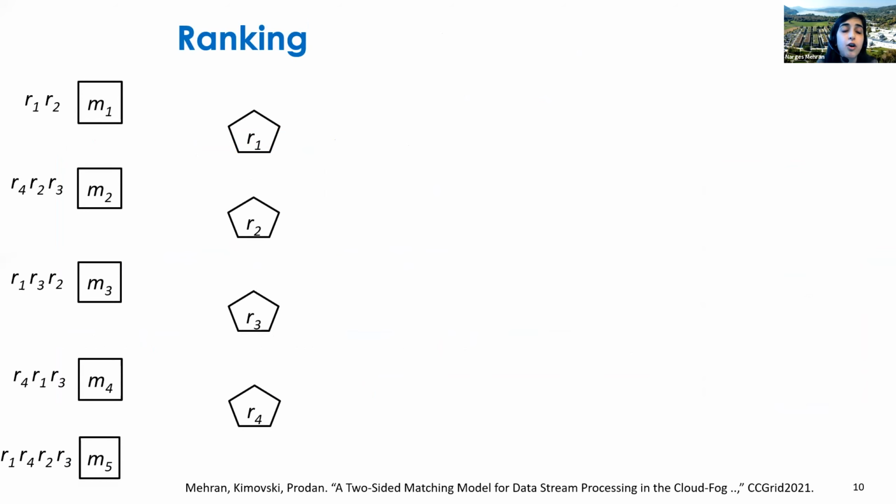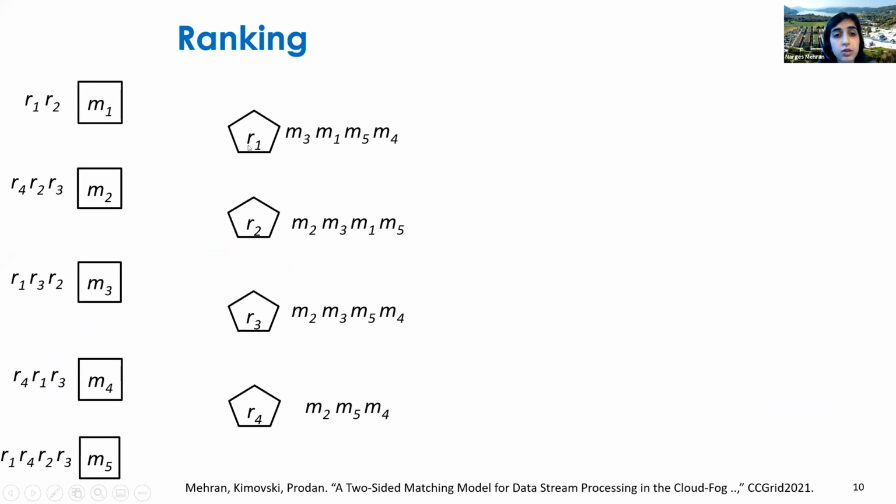So for our model, based on these two application and resource models, firstly, we had ranked each side for the other side. I mean, for example, for the microservices, we have ranked the resources, and also for the resources, we have ranked the microservices. You can see each list actually next to each one of these microservices and resources.